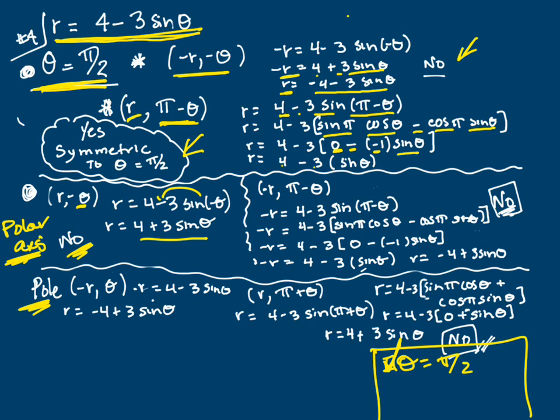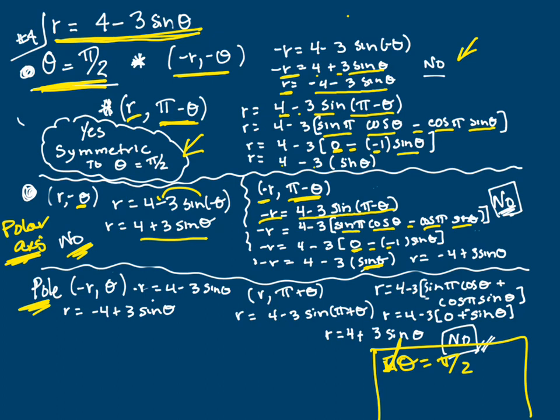You change r to negative r and change the angle to pi minus theta. So here we have the negative r, and here's us writing it out with pi minus theta instead of theta. Use the identity sine pi cosine theta minus cosine pi sine theta. Sine pi is 0, and so you have a minus a negative 1, so you end up with 4 minus 3, and then a plus sine theta.